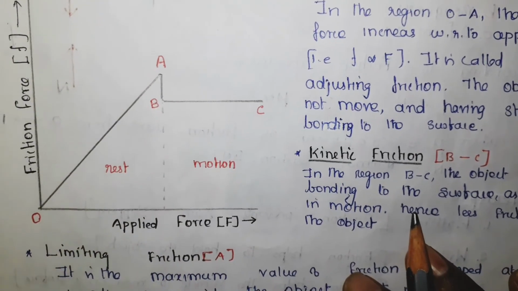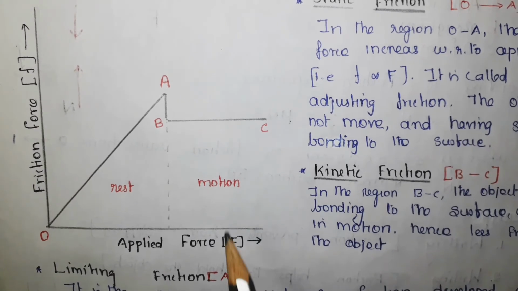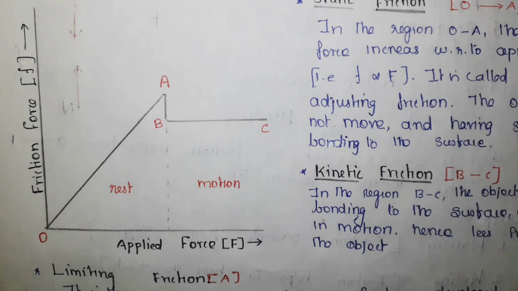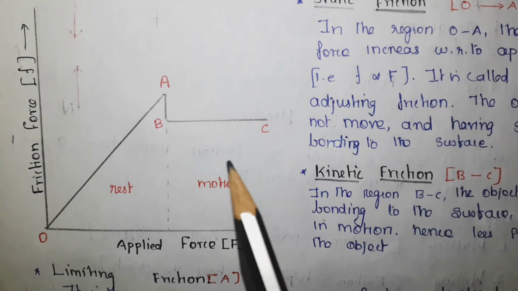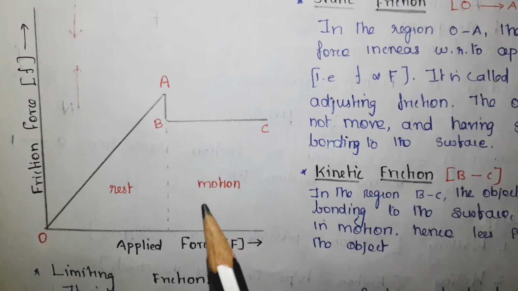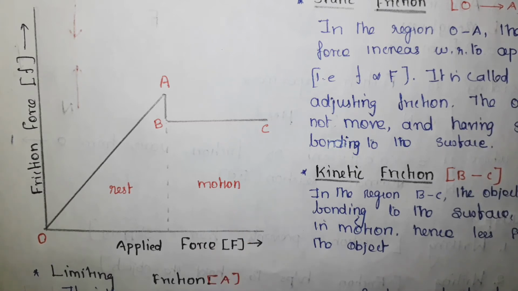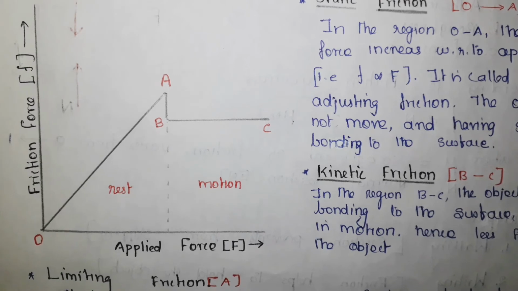Now again we will go to the graph. Between the region B to C, the object will be in motion. Okay, the object will be in motion, and moreover, when the object is in motion, it will have less bonding to the surface. And I can explain with the help of driving.